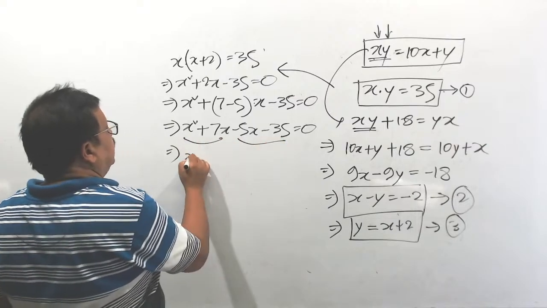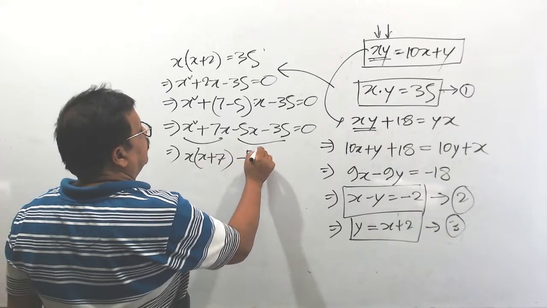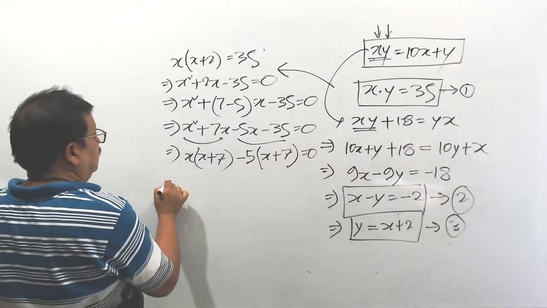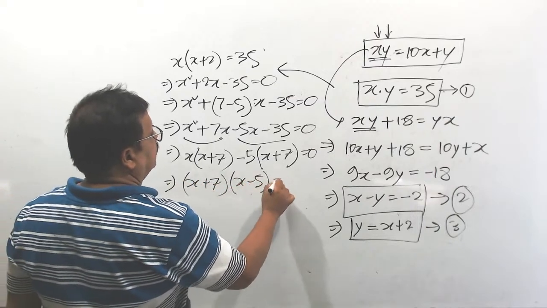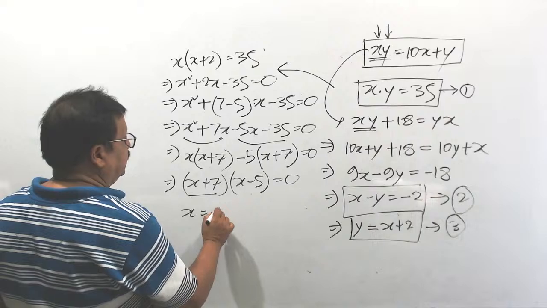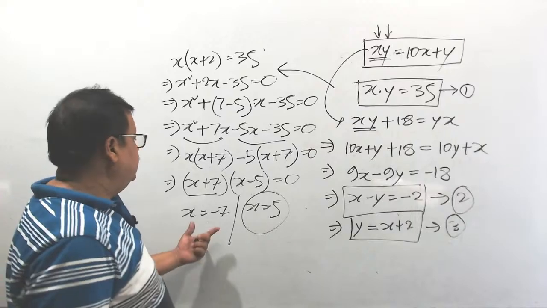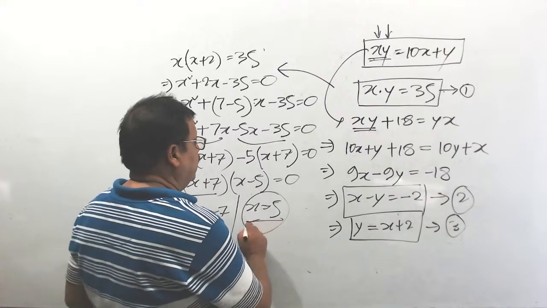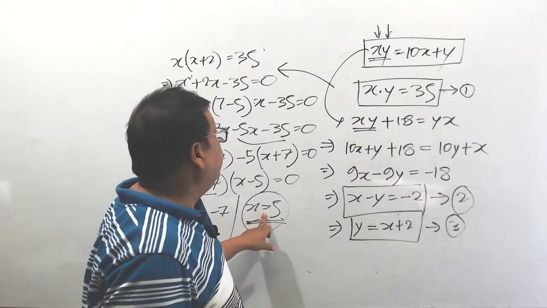Take common x from the first two terms and minus 5 from the last two: x plus 7 into x minus 5 equals 0. Either x equals minus 7 or x equals 5, but neglecting the negative, consider the positive one, because the number is positive already given. X equals 5.